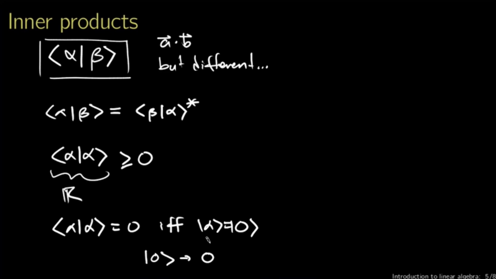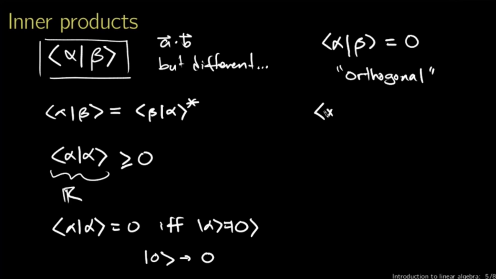We also have some familiar concepts. For instance, if I write alpha inner product with beta, and that equals 0, we say these 2 vectors, or states, are orthogonal. If we have a set of states, xi, such that xi inner product with xj is equal to the Kronecker delta ij, we say we have an orthonormal set.